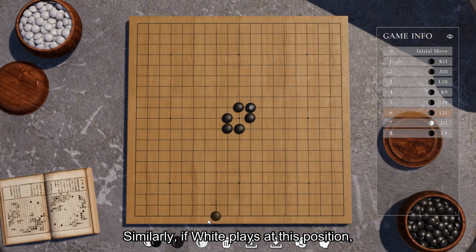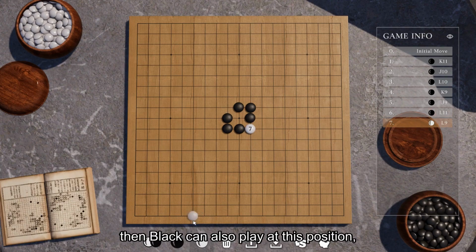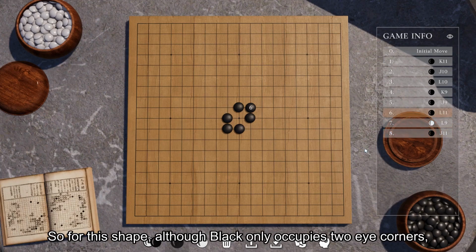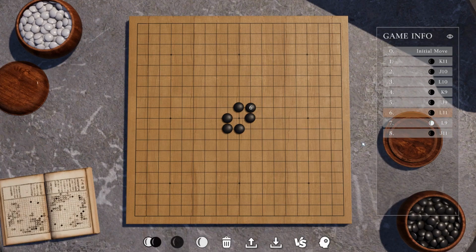Similarly, if white plays at this position, then black can also play at this position, also getting three eye corners. So for this shape, although black only occupies two eye corners, due to the existence of miai, we say this eye space is also a real eye.